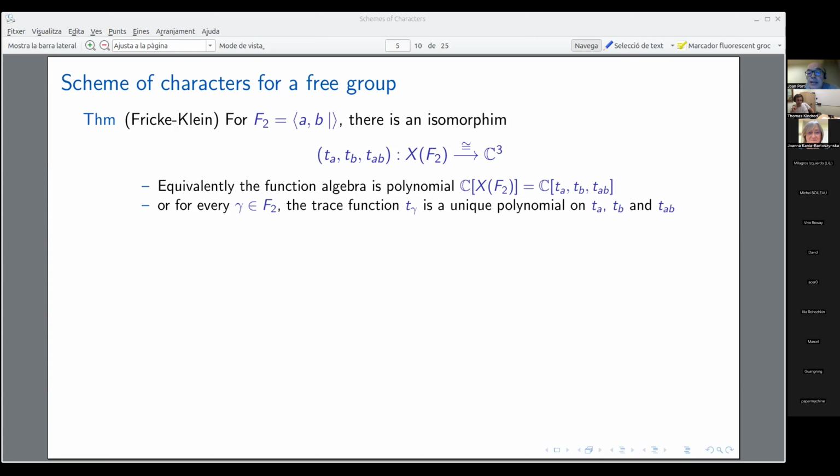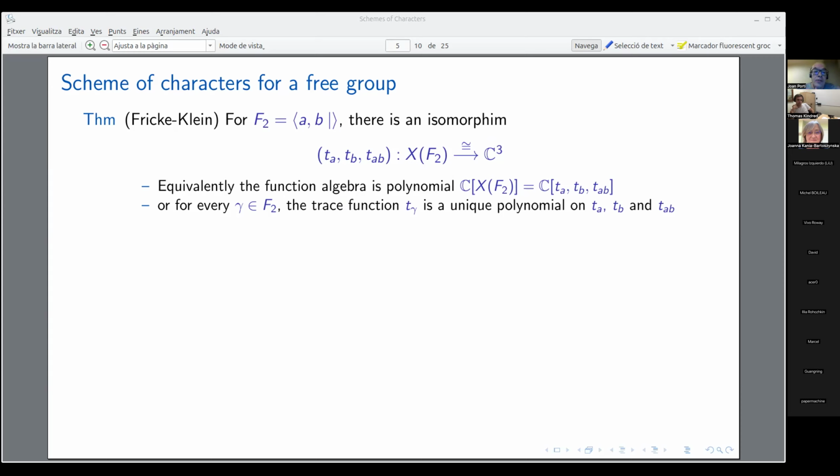So what's the algebraic translation of that? The algebra of polynomial functions on this scheme is just the polynomial algebra on three variables, t_A, t_B, and t_AB, and there are no relations.